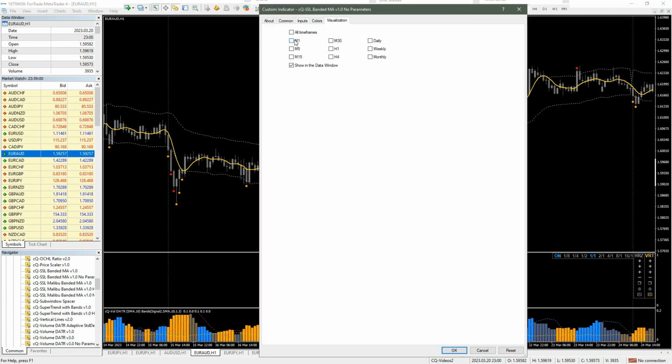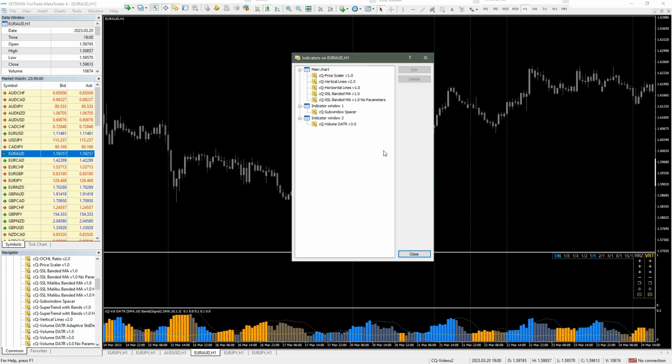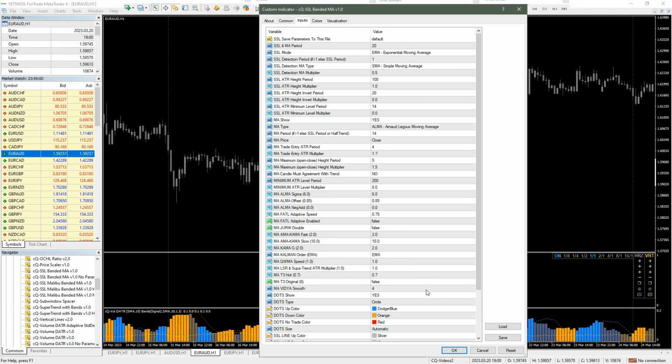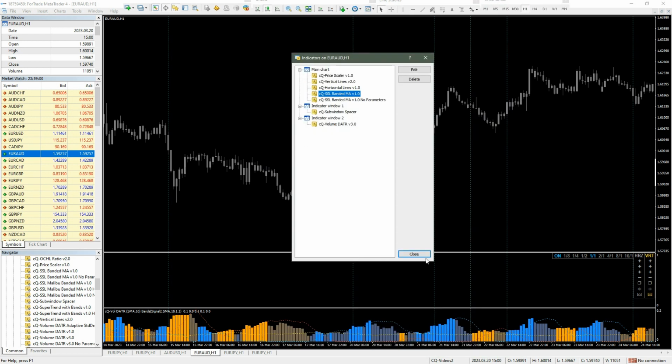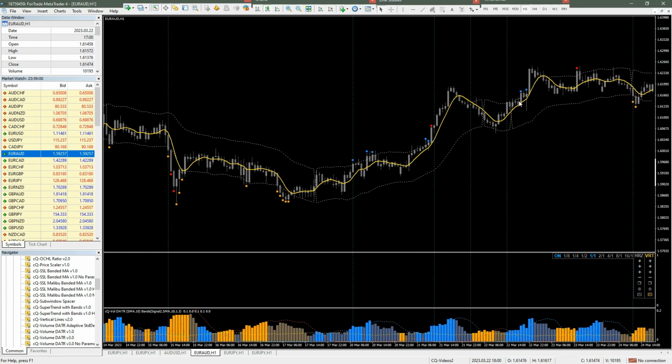Okay, and now I'm going to turn this one off, but you can see where it was, and I'll turn this other one back on. So you can see that it basically has the same parameters stuck in there. That's the exact same parameters, so that will save you a lot of overhead when you're using this indicator or an Expert Advisor. I will be adding it to, or updating, other indicators I have with this.